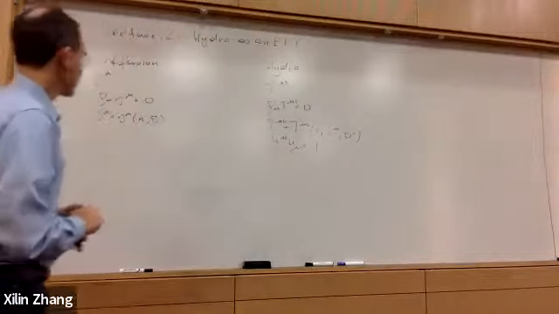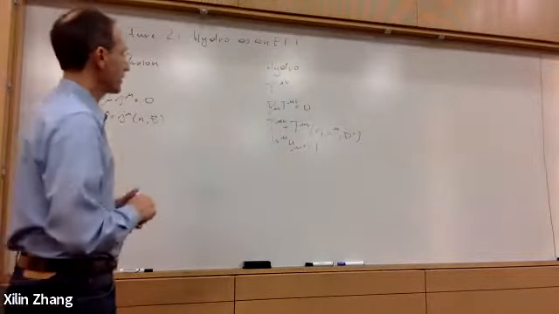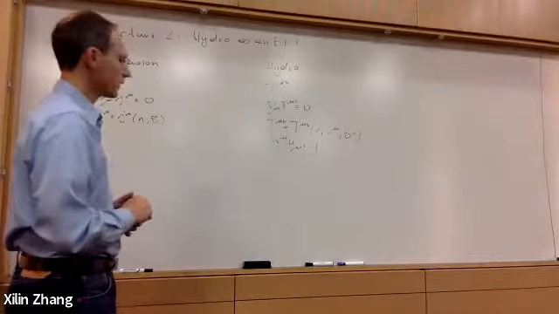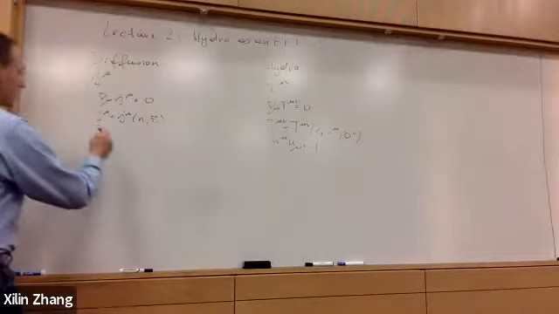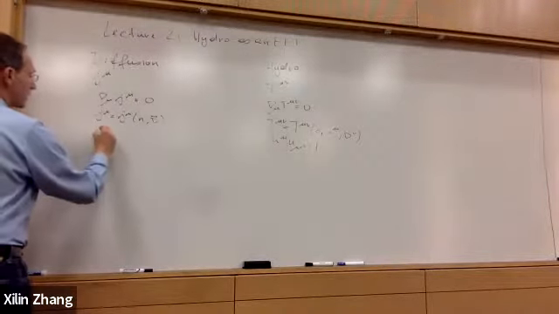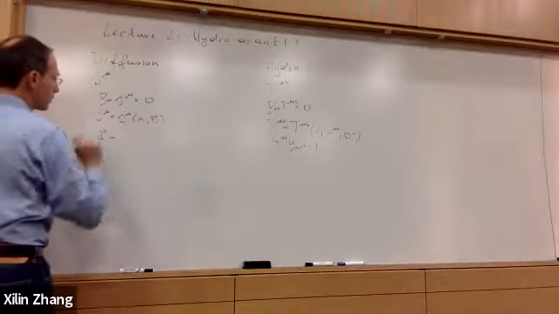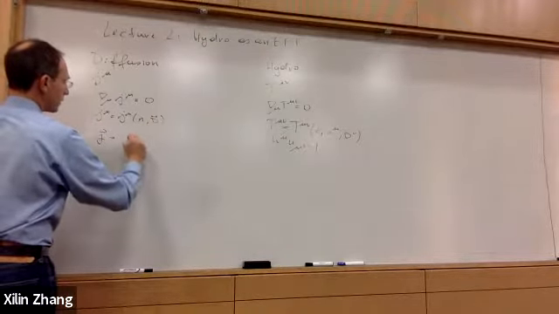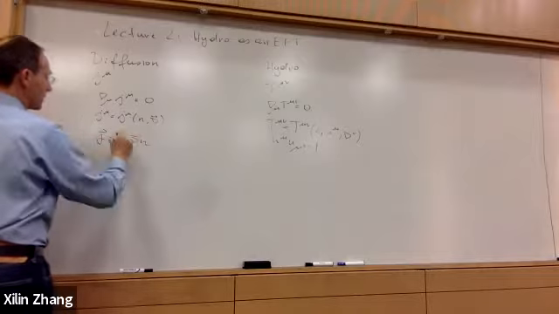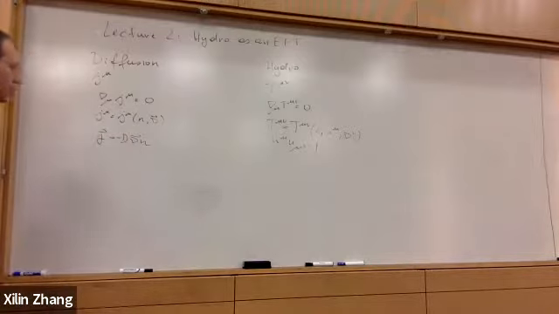So that's the strategy. And pretty much we are going to follow the same recipe as we started yesterday. Over here in diffusion, we said that we want to write the current in terms of gradients of the number density, and we start with first order terms.